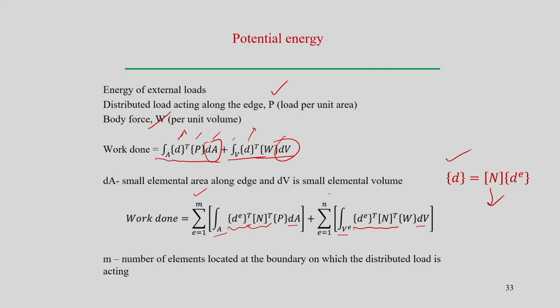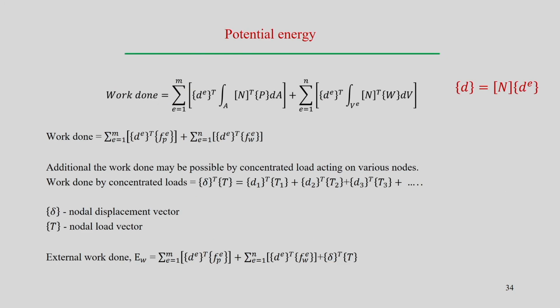So, here m is the number of elements located at the boundary on which the distributed load is acting, but small n is the number of elements for the whole domain of the analysis. Accordingly we can find out the work done because of the distributed load as well as the body force.